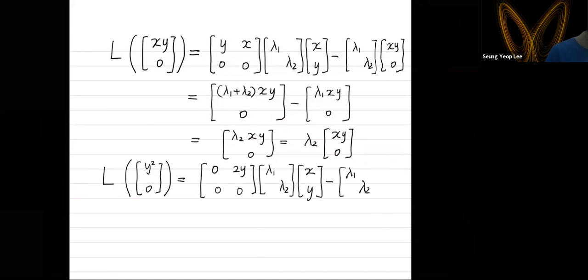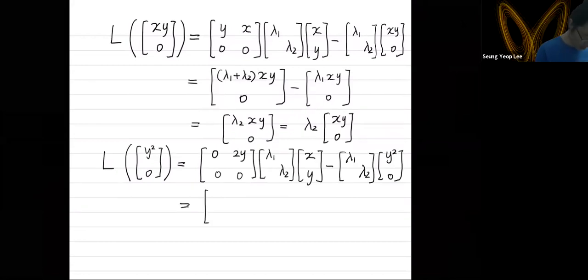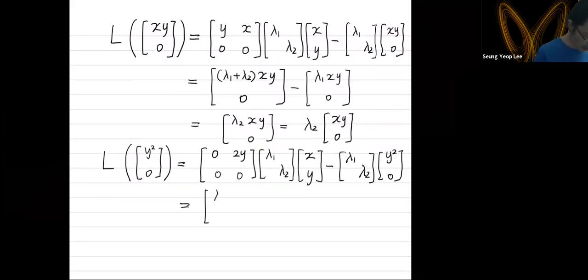Lambda 1, lambda 2, y squared, 0. Okay, so lambda 2 y squared, right? That's the first calculation. The second part is lambda 1 y squared.